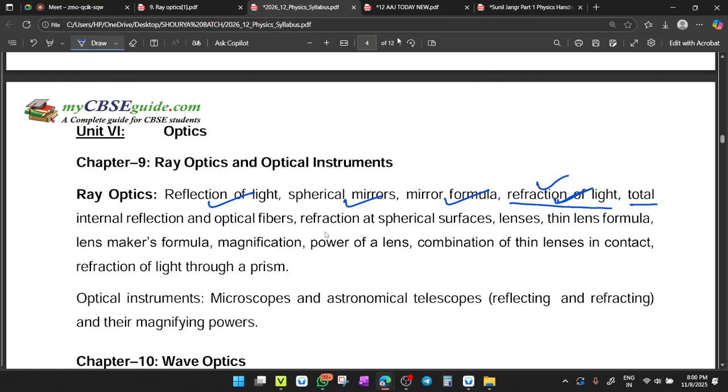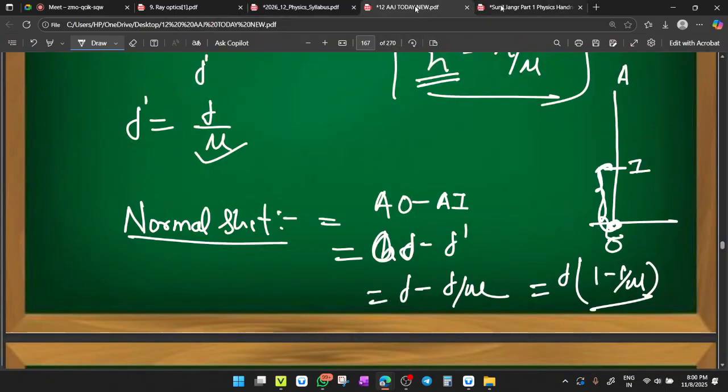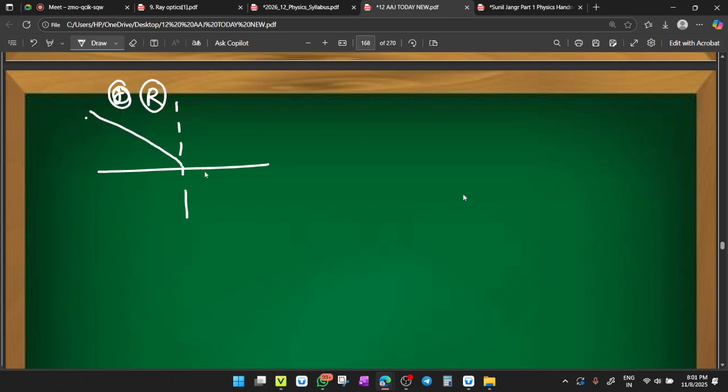Now our next topic is total internal reflection and optical fibers. Total internal reflection is an optical phenomenon. How does it take place? As you know, students, when a light ray is coming from rarer to denser, it bends towards the normal.